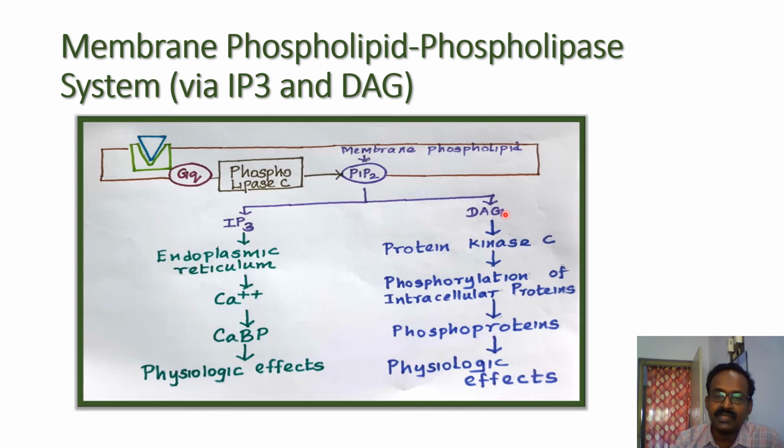Diacylglycerol activates the protein kinase C, produces the phosphorylation of the intracellular protein, and produces the physiological effect. The inositol triphosphate releases the calcium from the endoplasmic reticulum, which binds with the calcium binding protein like calmodulin. It produces the physiological effect.